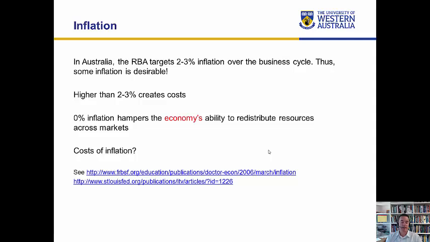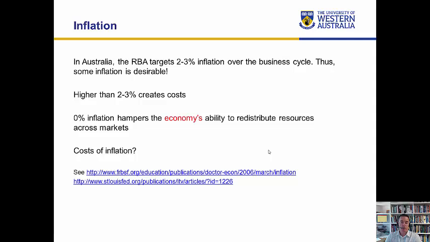So having it any higher than 2 to 3% is simply not necessary. At the same time, the inflation target is far enough away from 0% because zero inflation, as we'll see in the next couple of slides, is quite undesirable. 0% inflation is a little bit too close to deflation for comfort.